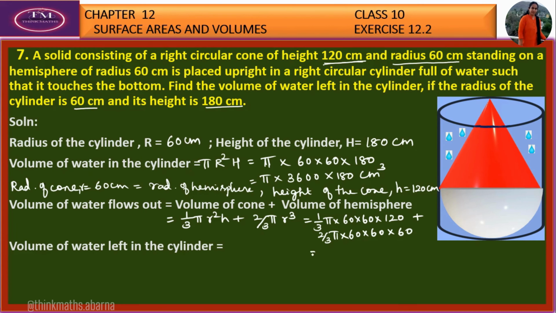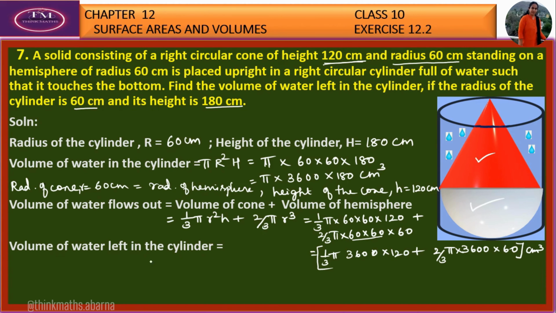So if we simplify this, 1 by 3 pi, it is 3600 into 120 plus 2 by 3 pi. Here this value is 3600 into 60. Now what is the volume of water left out? So this is the value for volume of the cone as well as volume of the hemisphere.